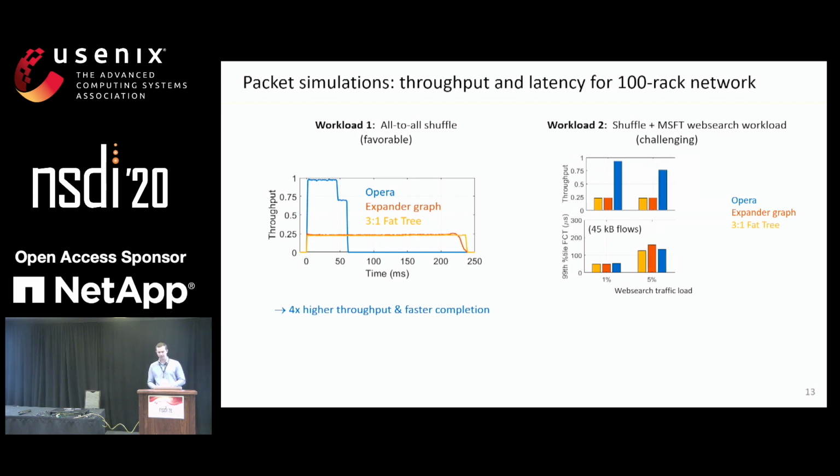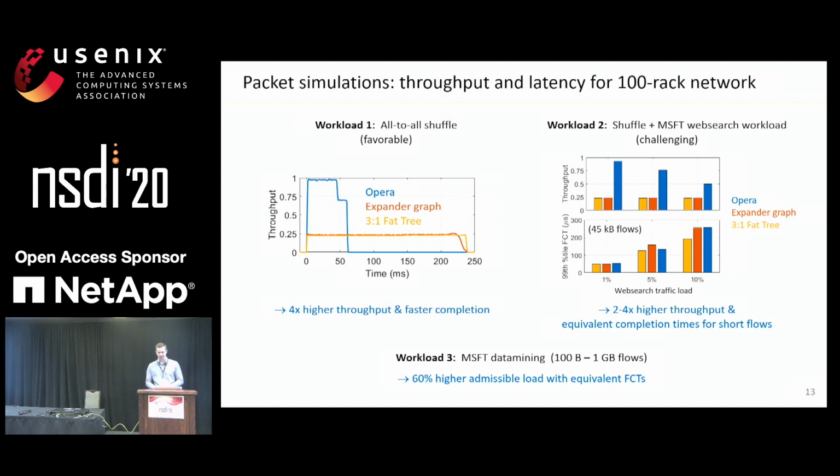We then increased the load of the web search traffic to 5% and then 10%. We see that Opera's throughput is dropping as we increase the load of this low latency traffic. That's just because more traffic is having to pay a bandwidth tax here in Opera. But even at 10% of bisection bandwidth dedicated to this web search workload, Opera provides twice the throughput and has comparable 99th percentile flow completion times to the other networks.